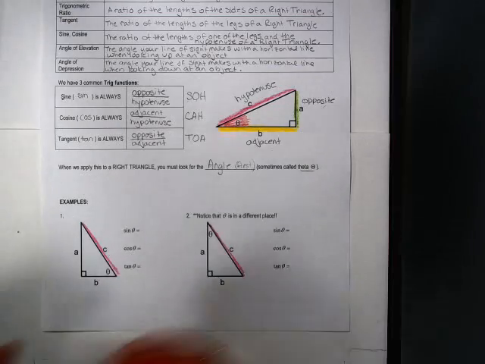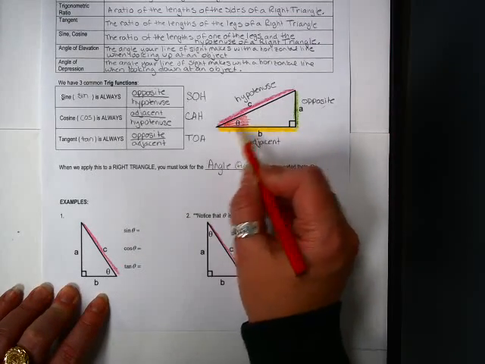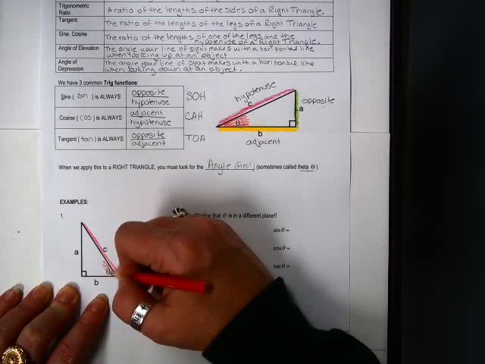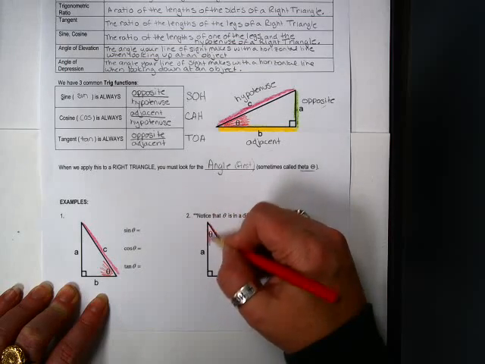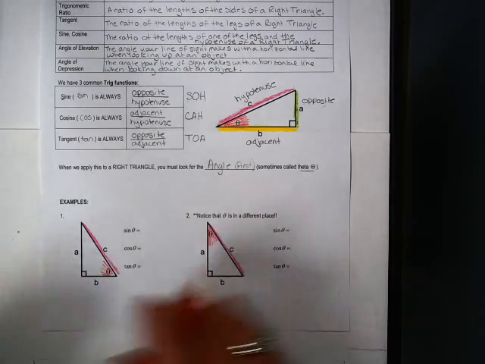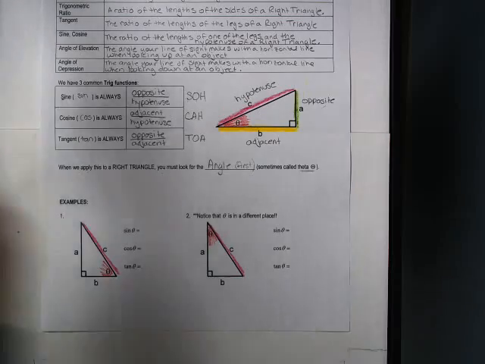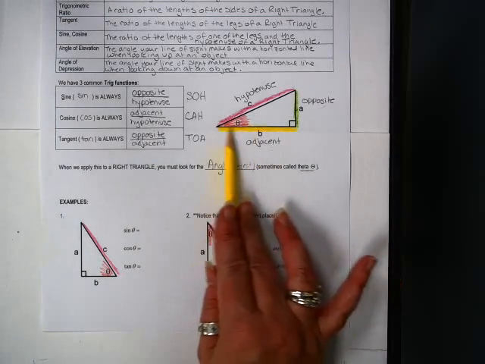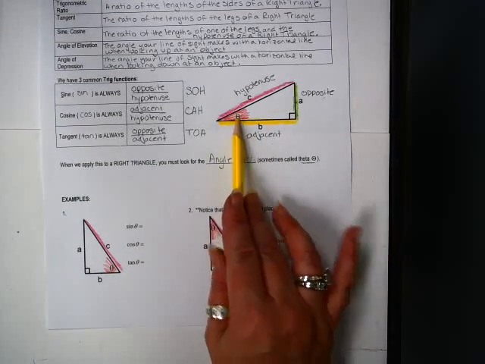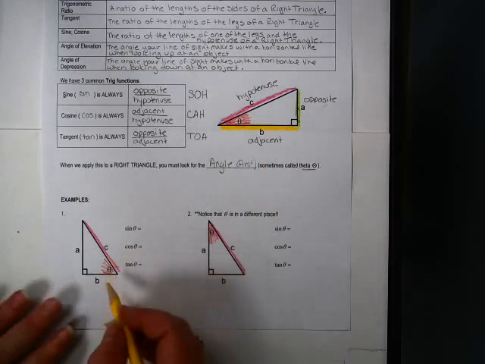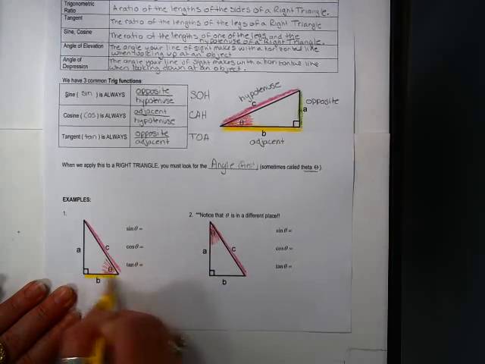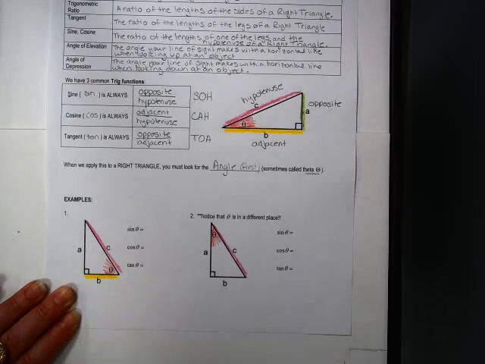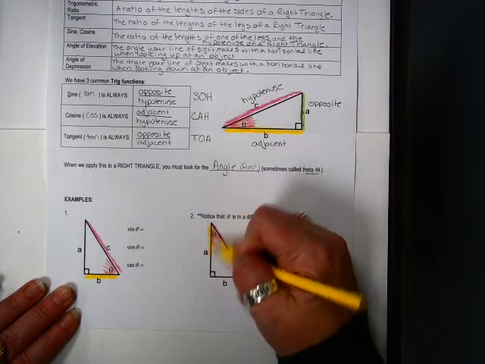And then red was for my angle, so here's my angle here, and here's my angle here. Yellow stood for adjacent. And remember, adjacent has to be next to, part of the actual angle. So the adjacent on this one is going to be here, but the adjacent on this one is going to be over here.